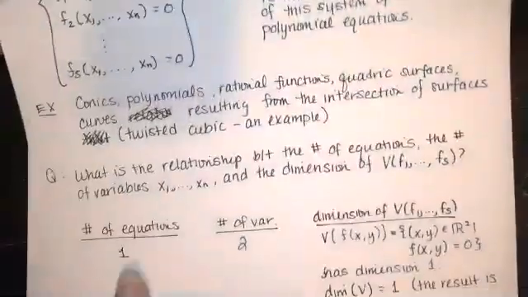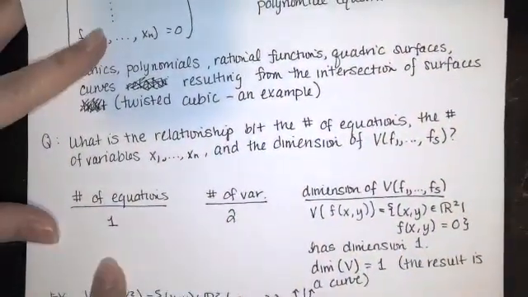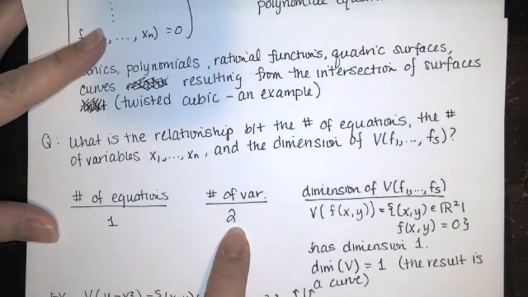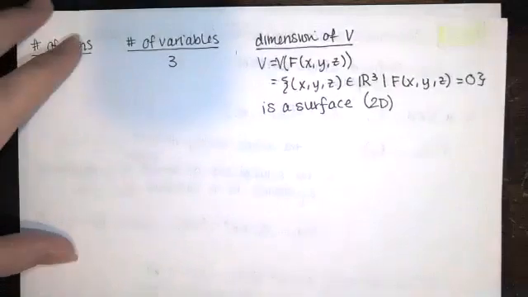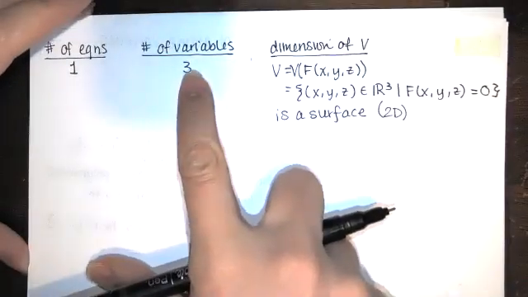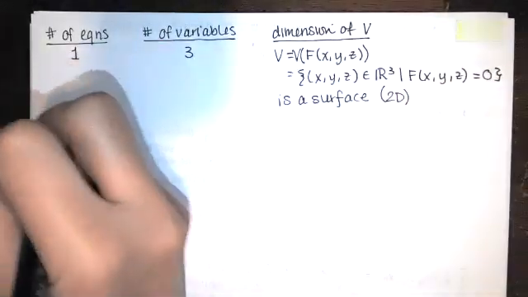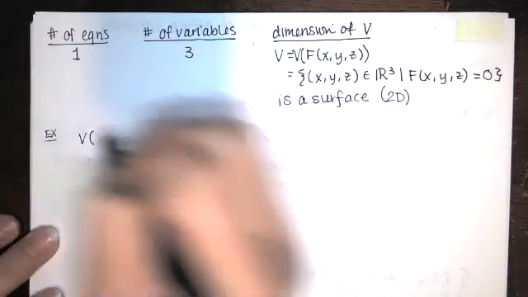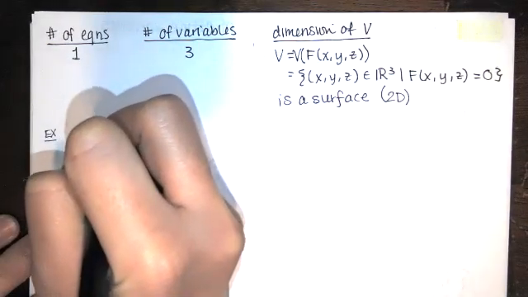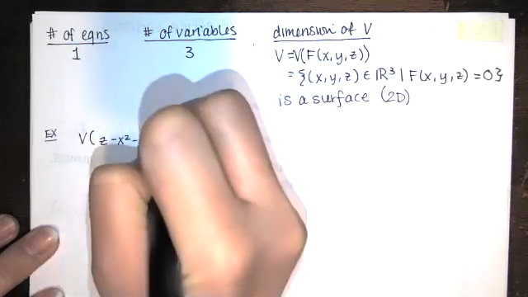Over here, we had one equation, we had 2 variables, and the dimension was 1. So it looks like when we have one equation, if we have 2 variables, the dimension is 1 less than that. If we have 3 variables, the dimension is 1 less than that. And let me give you a concrete example of this. Let's say you've got V of z minus x squared minus y squared.